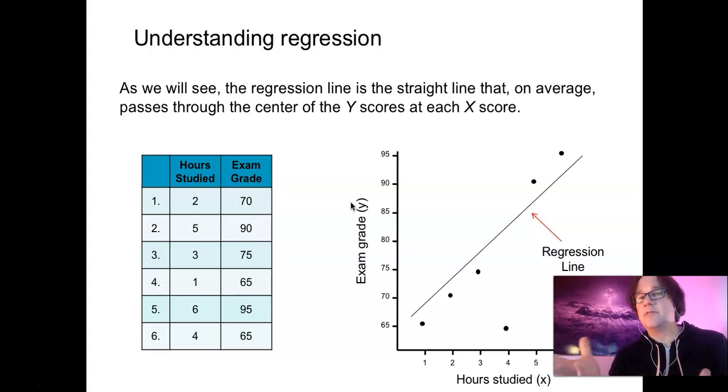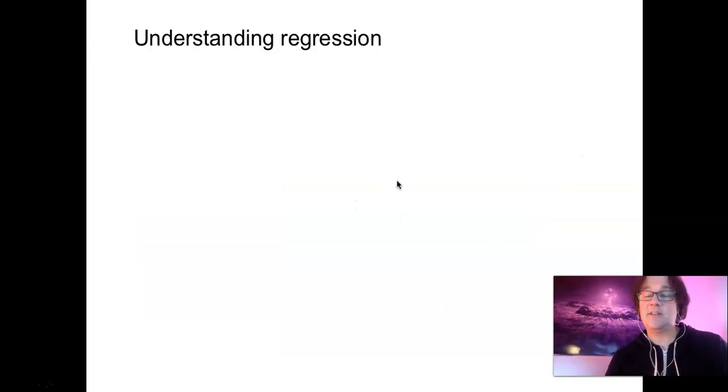That's essentially, in a nutshell, how linear regression works, using this line to make predictions. Enter in any X score, go up to the line, move over, see what the Y score is going to be. It's a simplified version, but if it helps you understand, that's essentially what's going on.